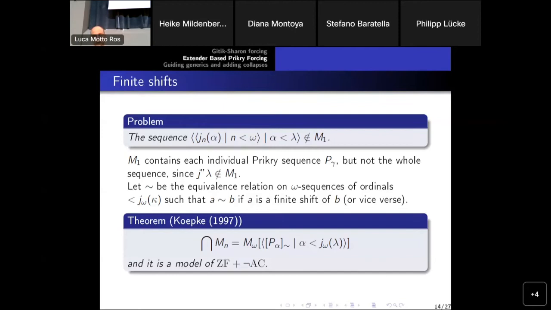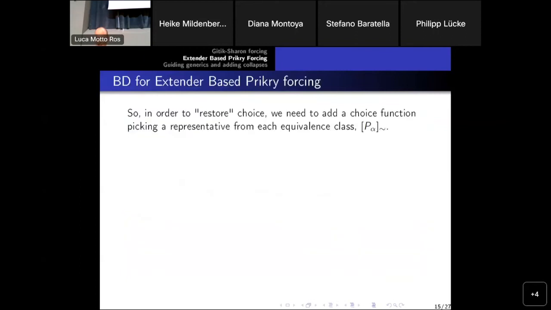But we don't have any choice function from those equivalence classes. So it's a model of ZF, it's not a model of choice. In some sense, it's also a model of failure of SH, but who knows what failure of SH means without choice. So let's try to restore choice.